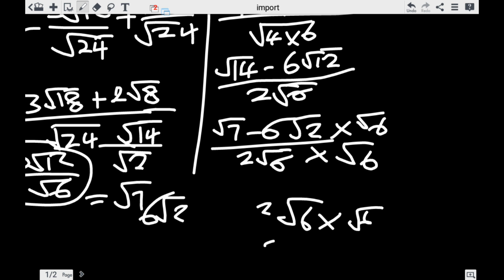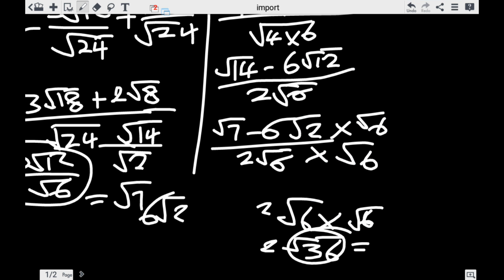So 6 times 6 is 36, because you need to multiply these two numbers inside the square root symbol together. And root 36 is 6, and this 2 is multiplied to this root 36.